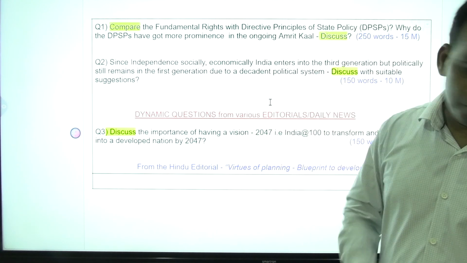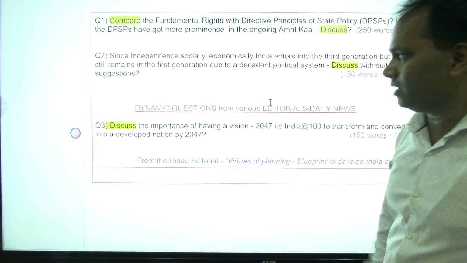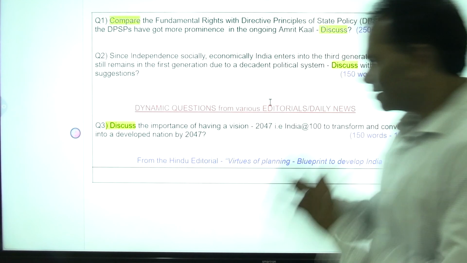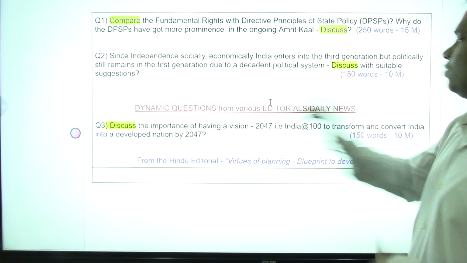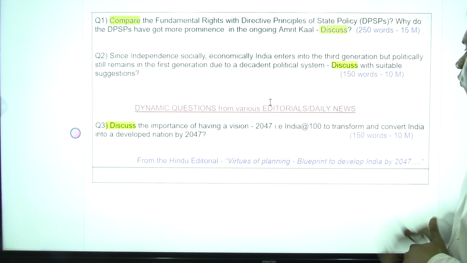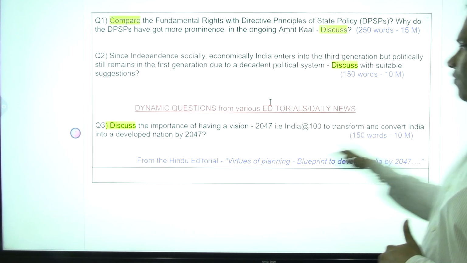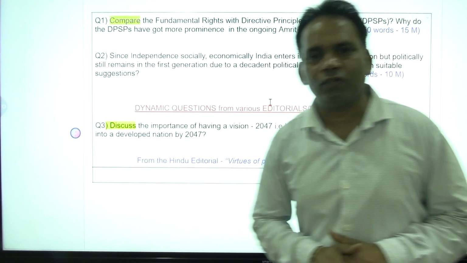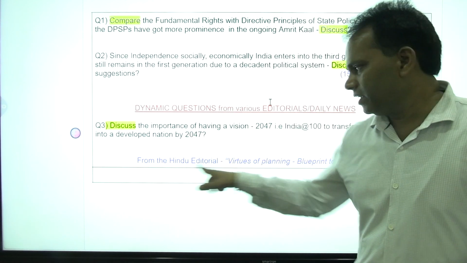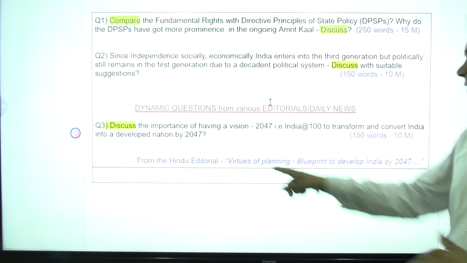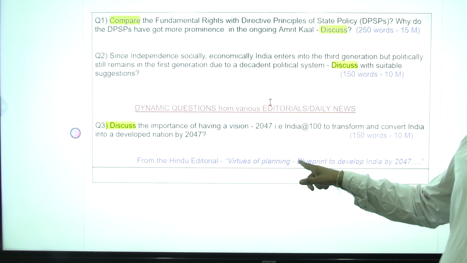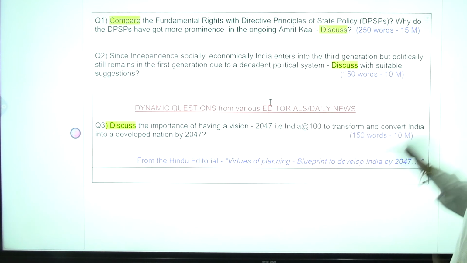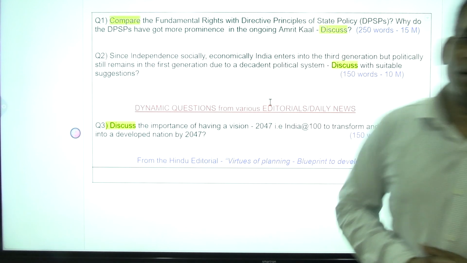So next, the third important question, this is the dynamic question. Discuss the importance of having a Vision 2047, that is India at 100, to transform India into a developed nation by 2047. Yesterday's Hindu editorial discussed the virtue of planning, a blueprint to develop India by 2047.